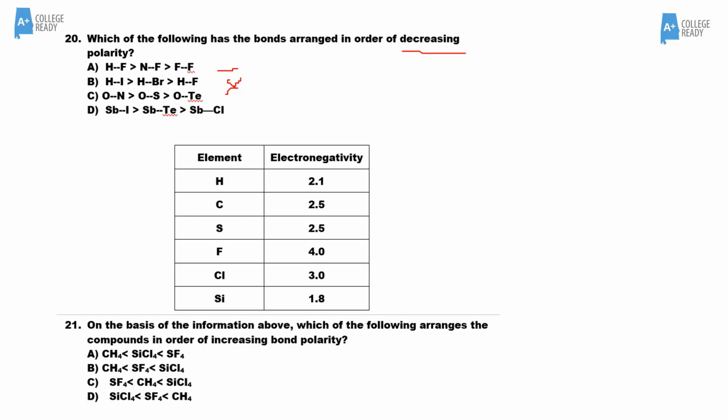And so you'd write that down, and then you would do the same thing for SiCl4 and SF4. Notice that it doesn't give you different molecules for every single answer choice, but you would have to do the electronegativity difference for each bond, S and F, C and H, Si and Cl, and then rank them from least polar to most polar. So the correct answer there is A.